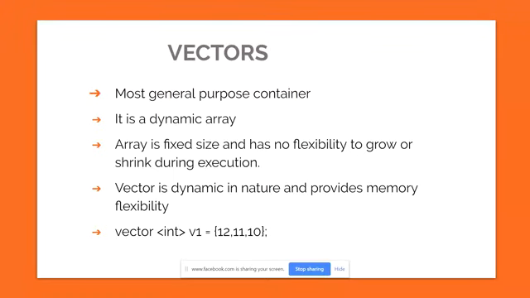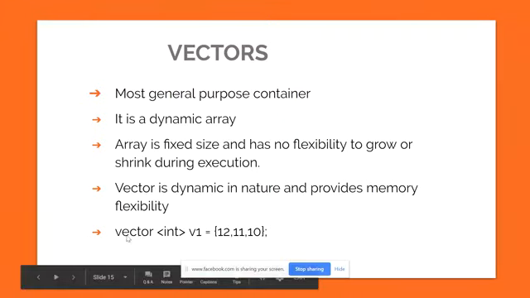You can't insert more than n values into the array, so you need to change the code to insert the other value. But if you use the vector concept, you don't need to write the size, and you can insert as many values as possible. It won't give any kind of error, and a vector will expand its size according to your need. That is why vector is more popular than arrays.